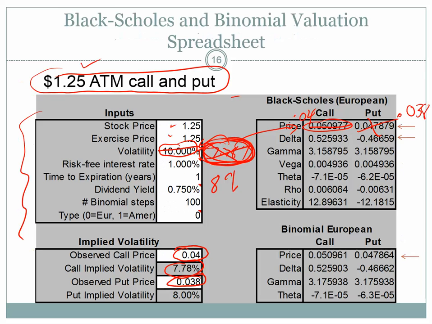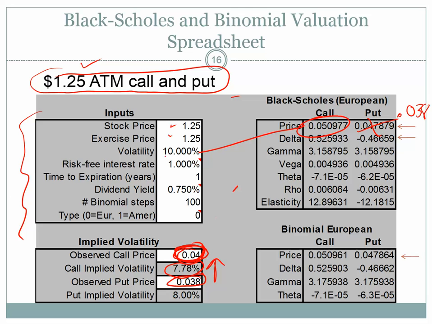Now, one thing you should notice is that if you increase these implied volatilities, it's going to increase the prices of calls and puts. In this case, I had 10% and Black-Scholes was giving me 5 cents, but the actual option is selling for 4 cents.